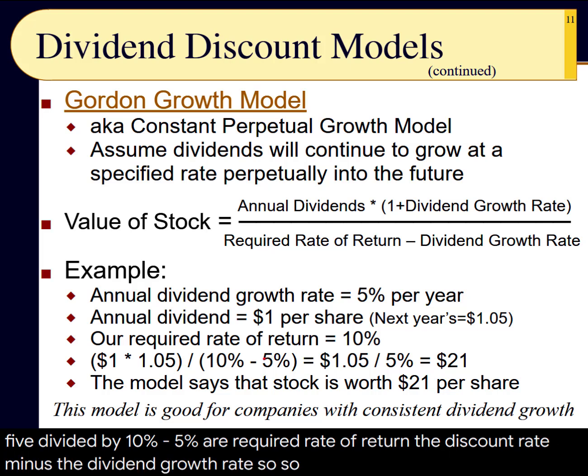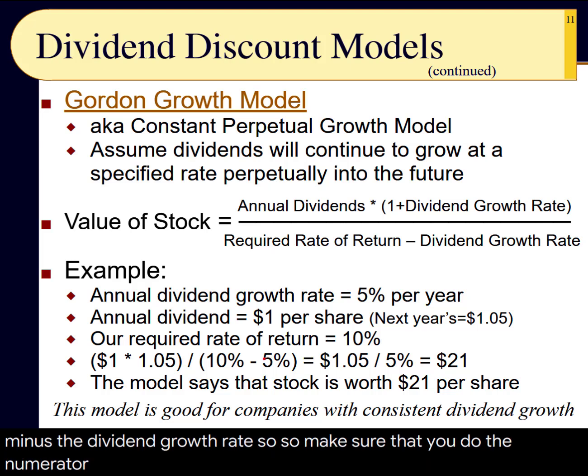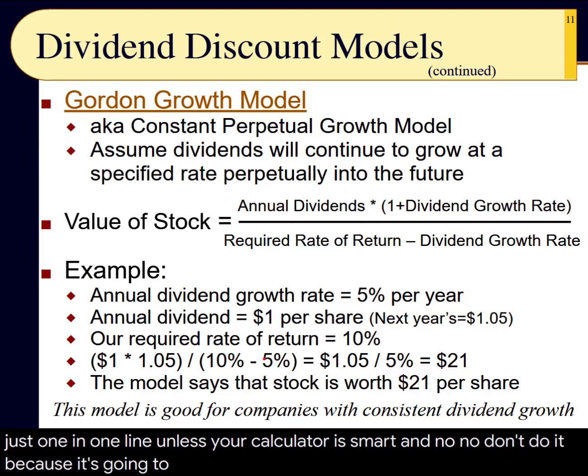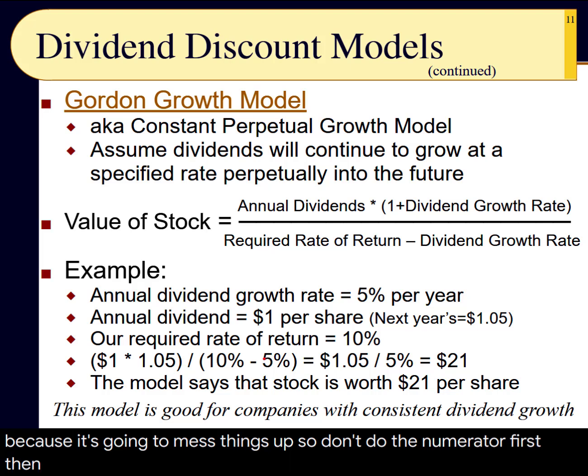So make sure that you do the numerator first, then the denominator, and then divide, okay? Don't do it in just one line, unless your calculator is smart enough. No, don't do it, because if your calculator is smart, it's going to mess things up. So do the numerator first, then the denominator, and you'll get the right answer.